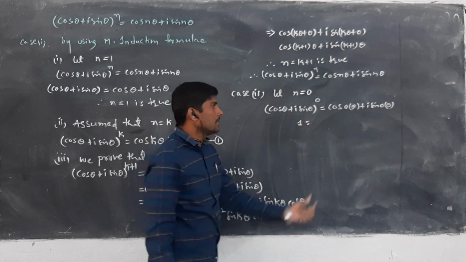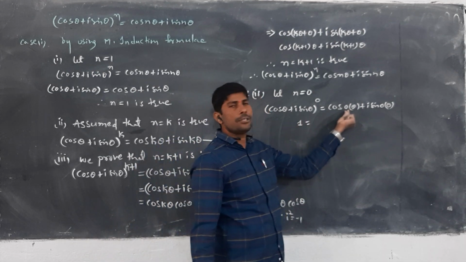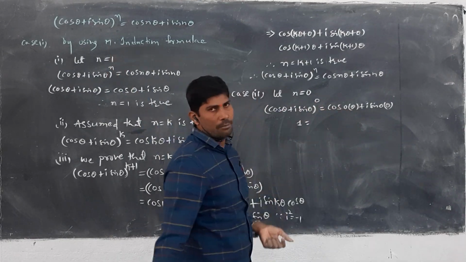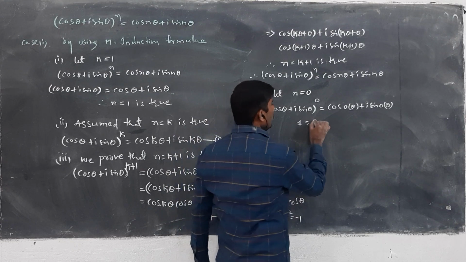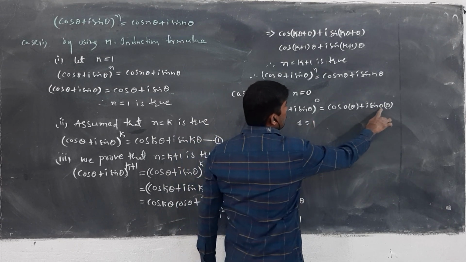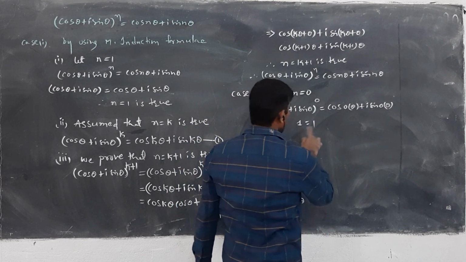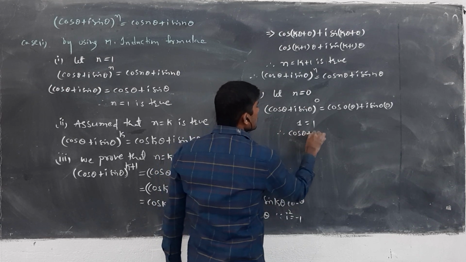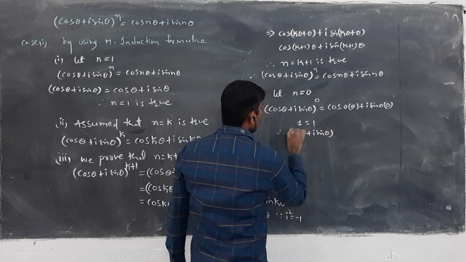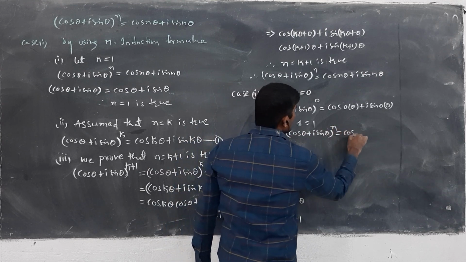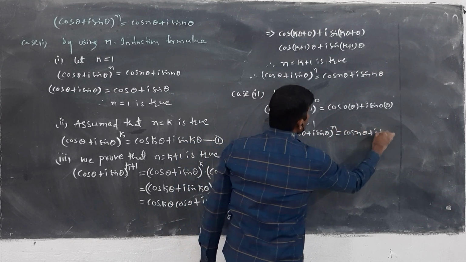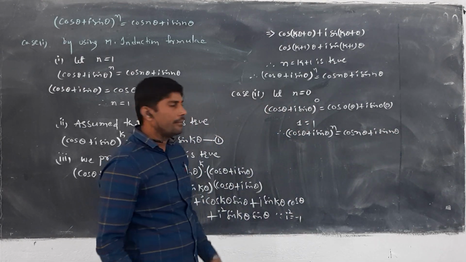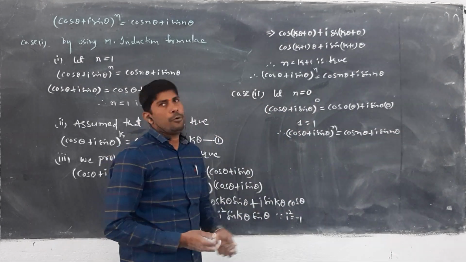That is equal to cos 0 into theta; cos 0 is 1, so 1 into theta, where theta is any real number. So 1. Sin 0 value is 0, and 0 into something is 0. So 1 is equal to 1. Therefore (cos theta plus i sin theta) whole power of n is equal to cos n theta plus i sin n theta. Here in case 2 we have proved De Moivre's theorem.